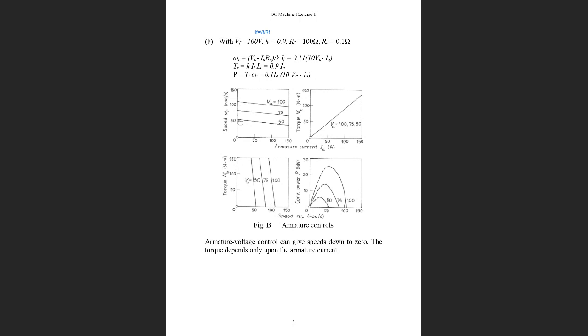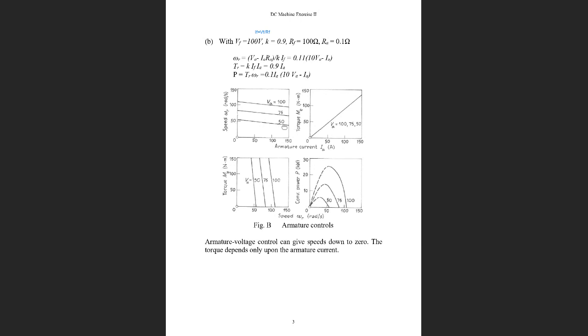If the terminal voltage further gets down to 50 volts, while the field voltage keeps at 100 volts, the no-load motor speed gets down to about 50 radians per second, while that for the 100 volts is above 100 radians per second, about half. And with the increase of the armature current, the motor speed gets down.